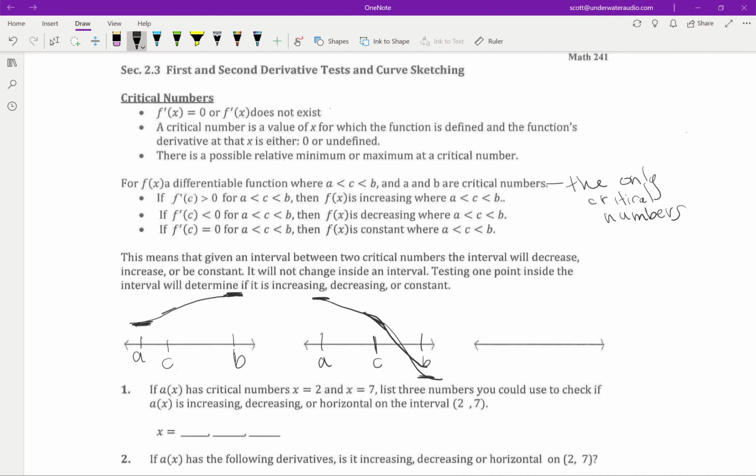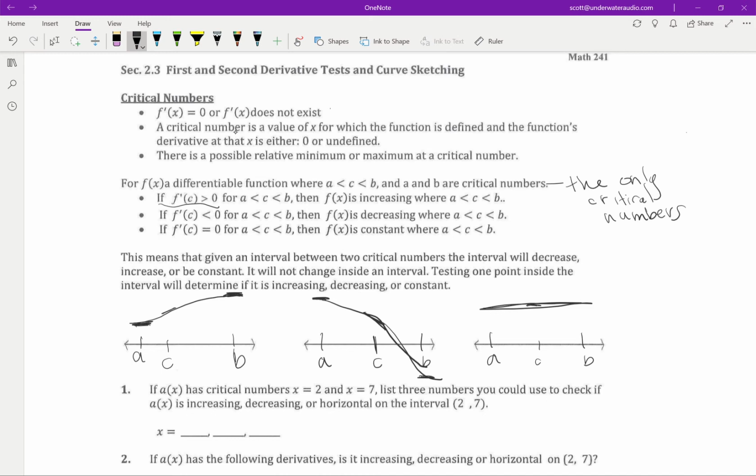And then if you find, in between a and b, if there's something in the middle and it's flat at that point, then it had to be flat on the whole entire interval. So let me read all of this again. If you take the derivative and you plug in c and it's greater than 0, and it's just some c that's in between a and b, then the function is going to be increasing on that entire interval.